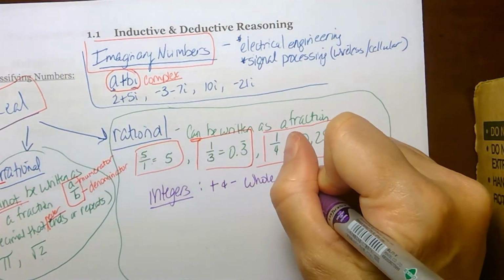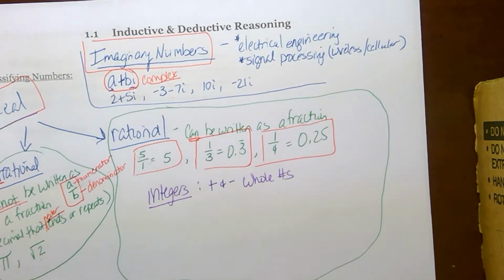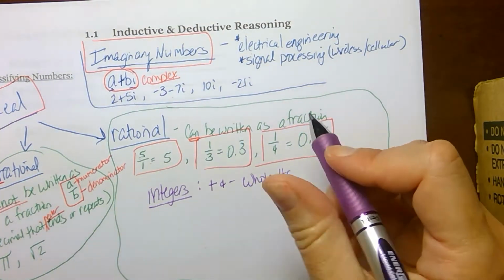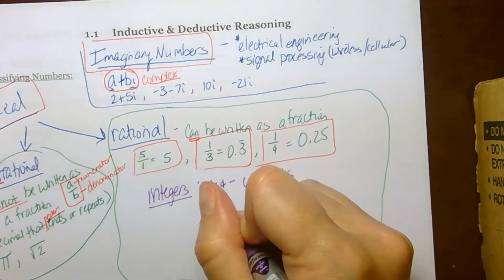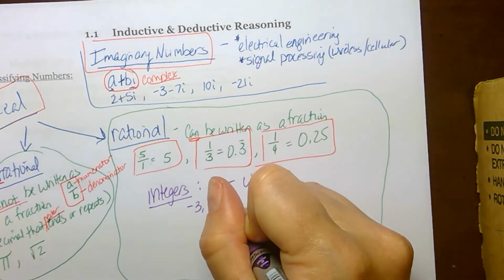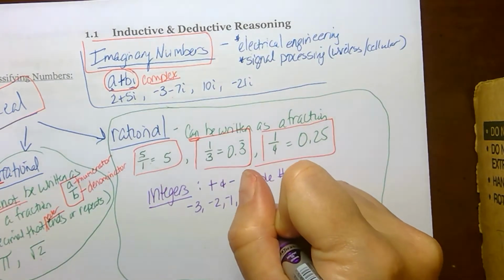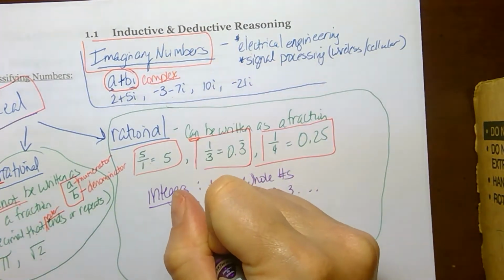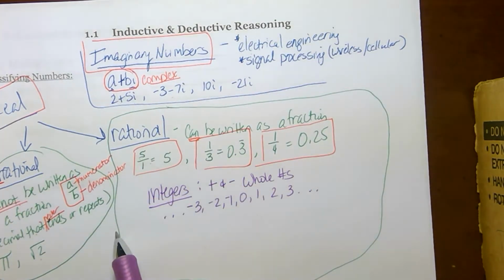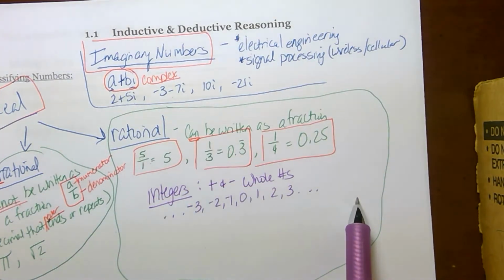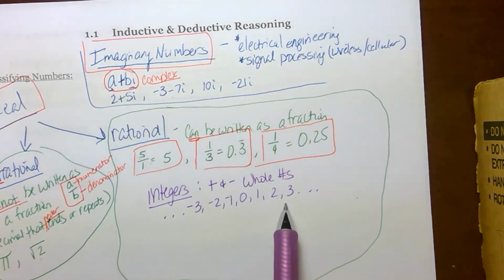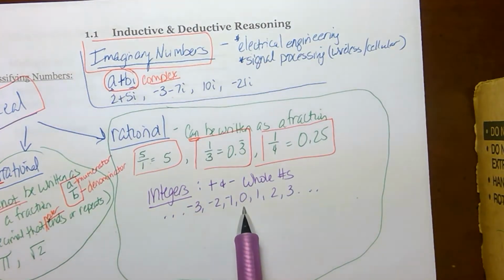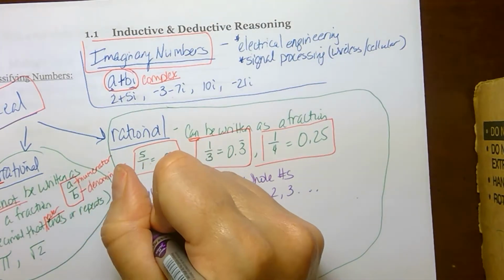And then the whole numbers are just the positive ones. So my set of integers would be, for example, -3, -2, -1, 0, 1, 2, 3, etc. in both directions, so infinitely to the negative direction, infinitely to the positive direction. My positive whole numbers, my negatives, and 0 is my set of integers.